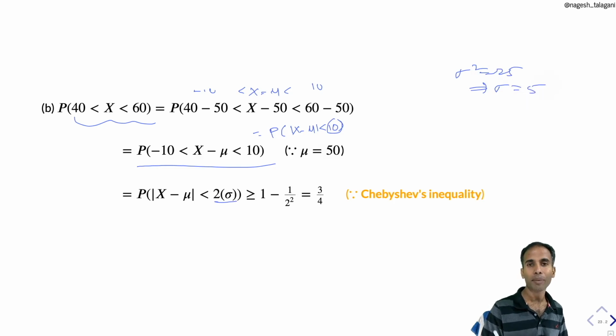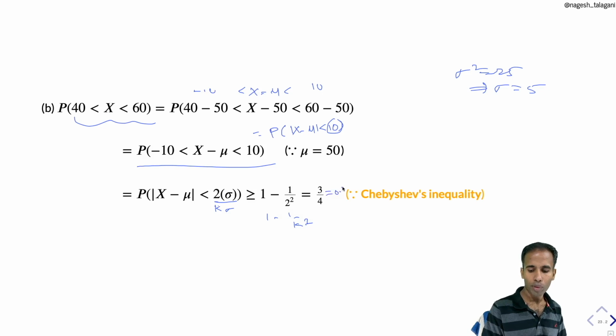So this 10 can be realized as 2 sigma. So now this looks like the probability of mod x minus mu less than k sigma, where k equals 2. Using Chebyshev's inequality, we can write this probability is greater than or equal to 1 minus 1 by k square. So with k equal to 2, 1 minus 1 by 2 square is 3 by 4.